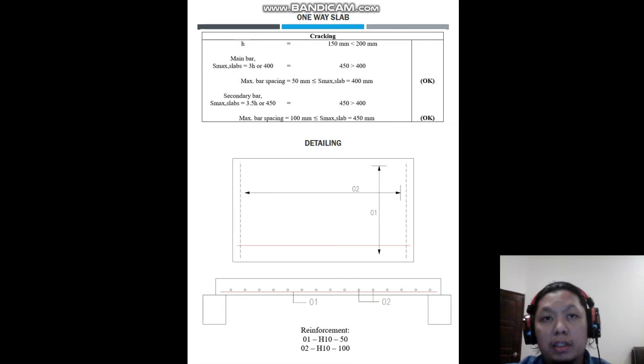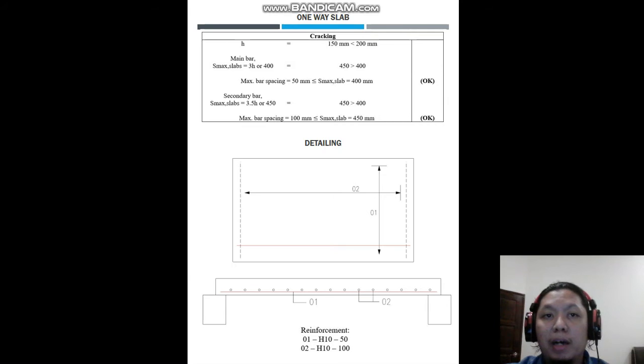And for the next one, we go to the cracking, which is the H. From the first that we calculate, we get 150 mm, and the main bar we calculate for the S-max slab, which is 3H or 400. We get 450, which is more than 400, so the max bar spacing is 50 mm.